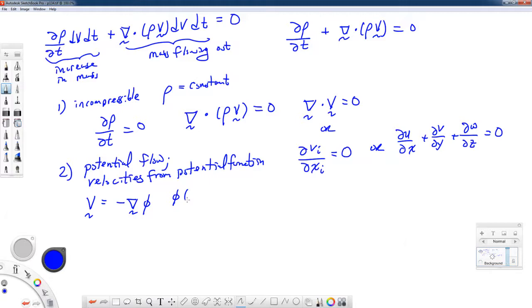And here phi would be a function of x, y, and z, as well as time.